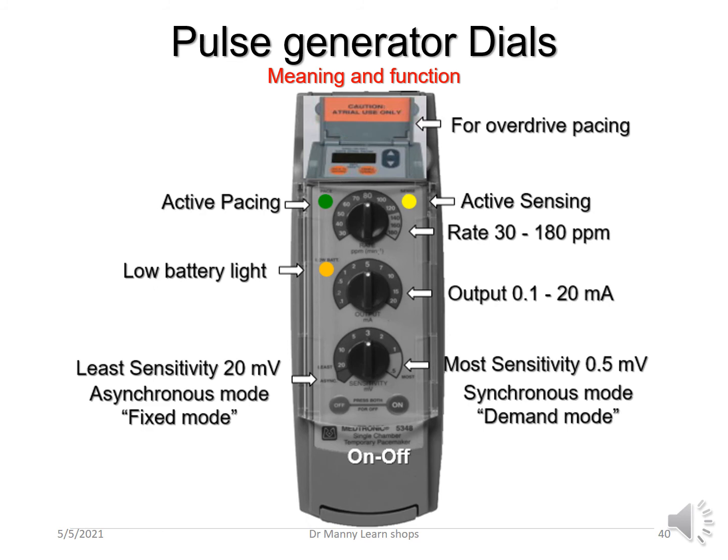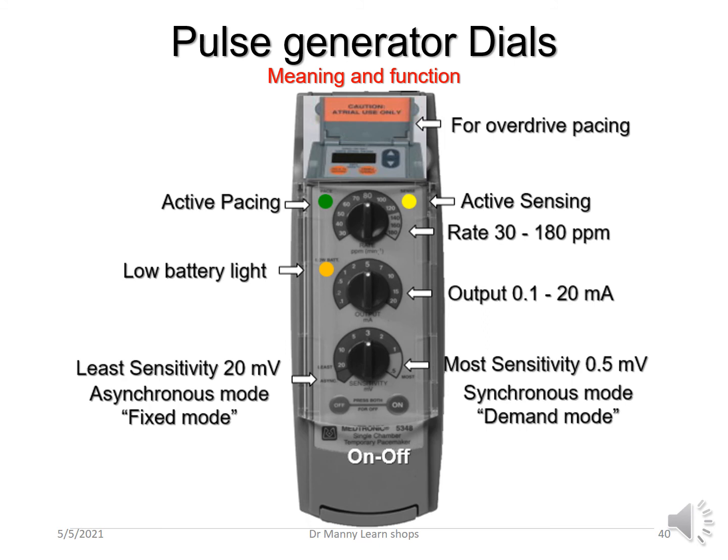Then you've got the sensitivity dial, and the sensitivity dial basically makes the pacemaker, which is the machine, sensitive to the patient's inherent underlying heart rhythm if they have one, because you don't want the pacemaker pacing and competing with the patient's own heart rhythm if it's hemodynamically stable, which it could be as they recover from whatever problem it was that they had the pacemaker inserted for.